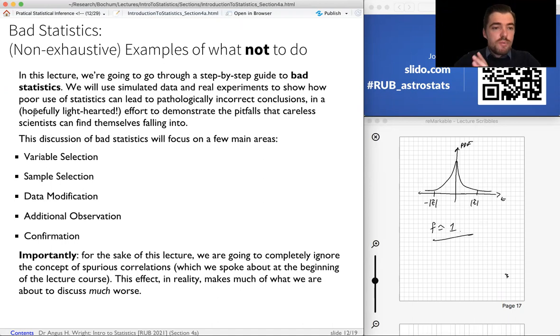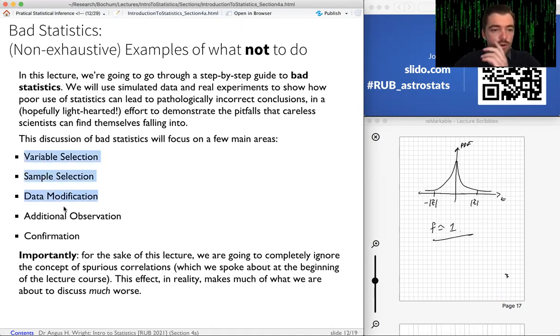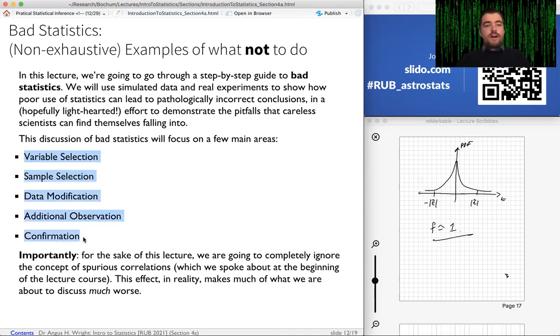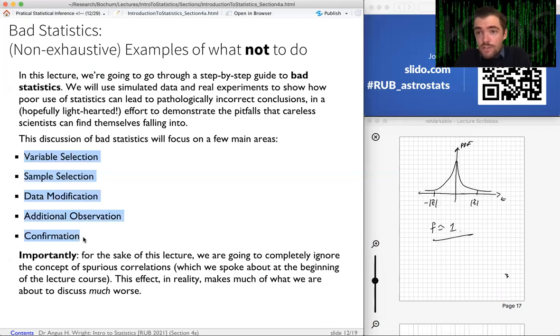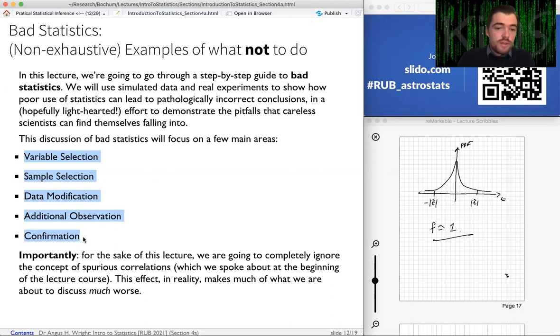So what we're going to talk about in terms of our bad statistics is we're going to focus on a couple of ways that you can go about your statistical analysis that are going to pathologically influence your conclusions, pathologically bias the results that you measure and the models that you infer.